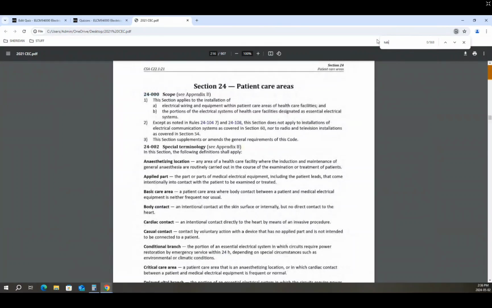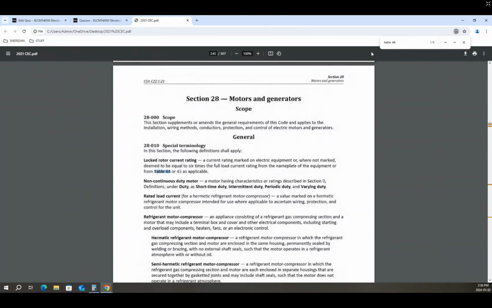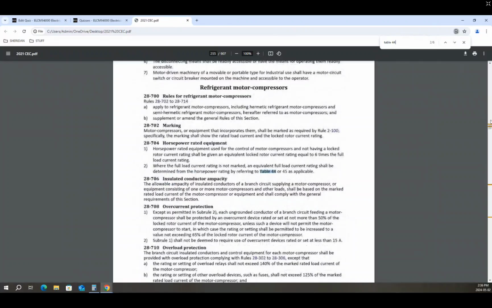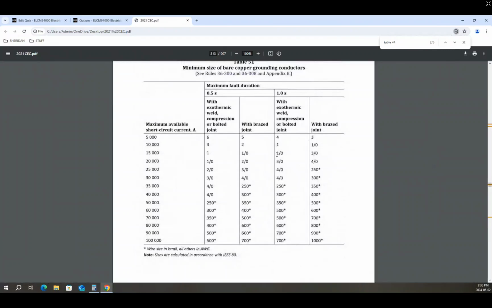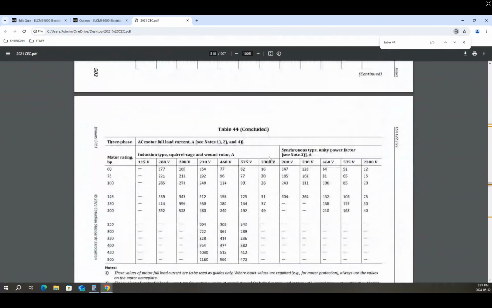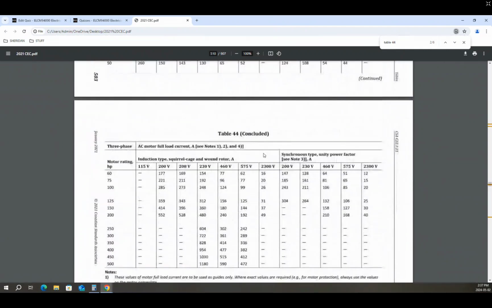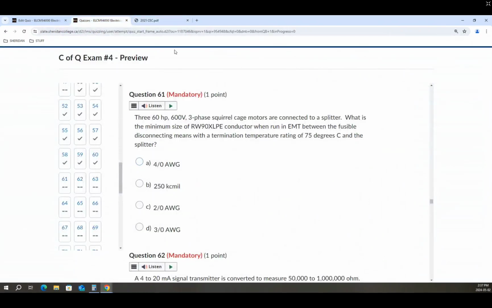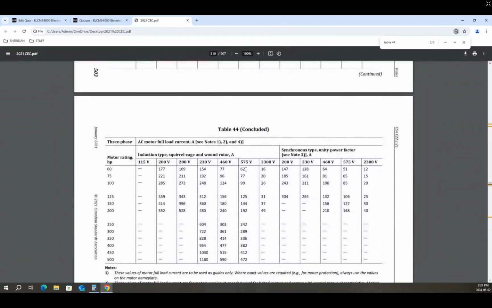So we'll go to Table 44. 60 horse, 600 volt, 62 amps.